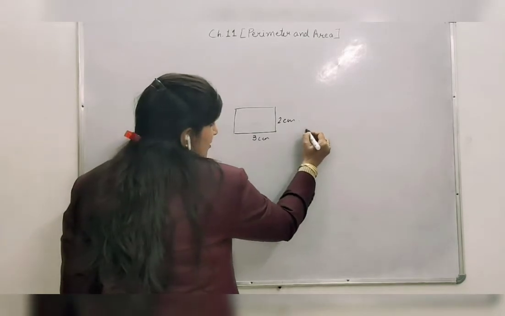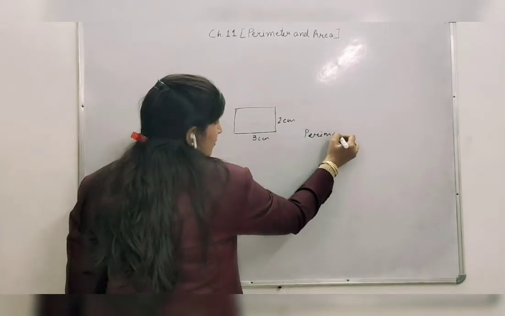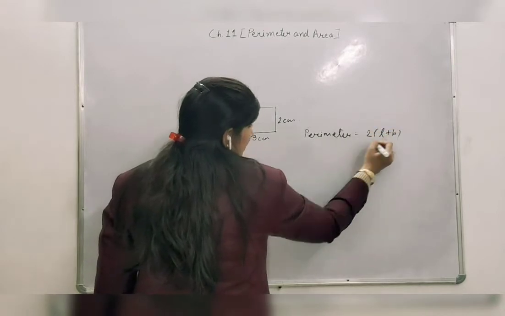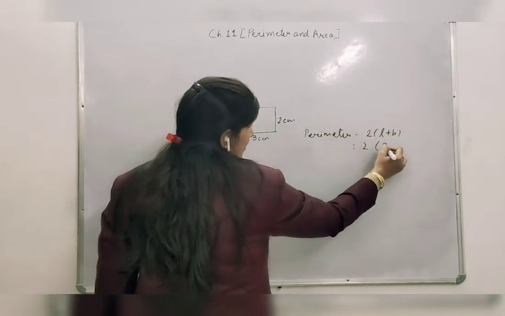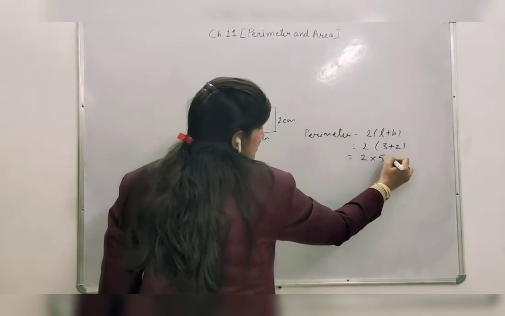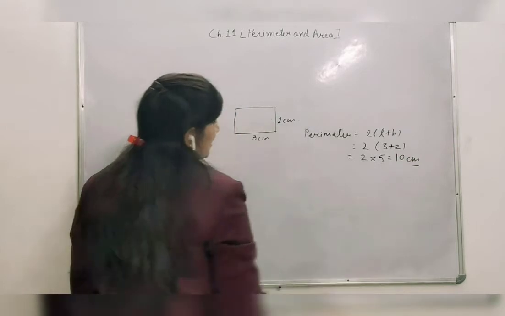Now, 3 and 2. You remember the formula for the perimeter? It was 2 into length plus breadth. So 2 into, length is 3, breadth is 2. So it becomes 2 into 5, which means 10 centimeter will be the perimeter.